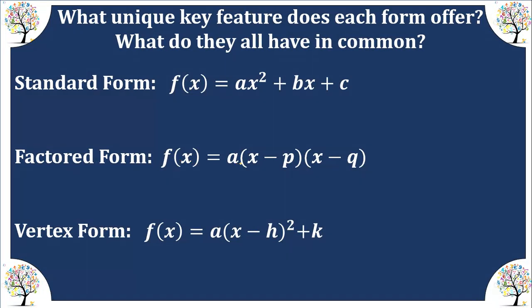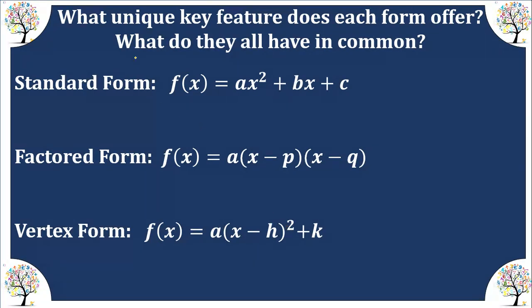We have a times x minus p times x minus q. And we have vertex form, a times x minus h quantity squared plus k.